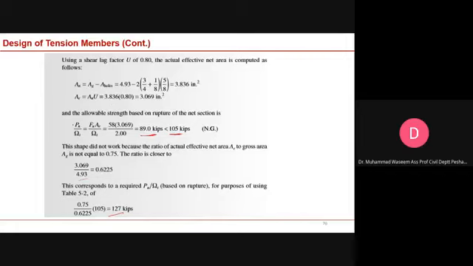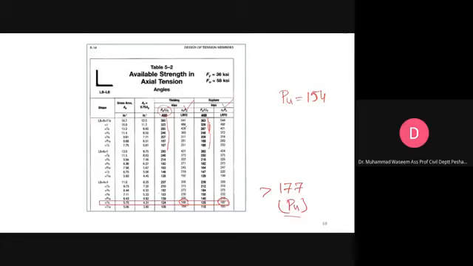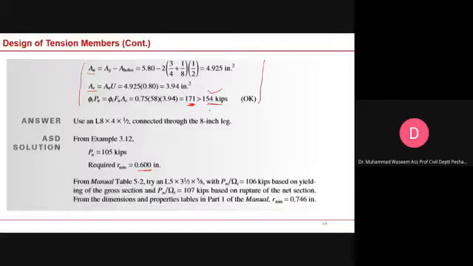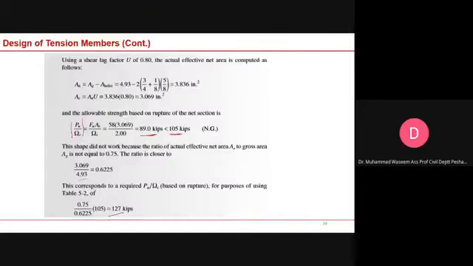Okay, so if you go to the table, the capacities are mentioned like this. This factor of safety is 1.67, and this factor of safety is 2.0. So you have to go through the same procedure and select a member.